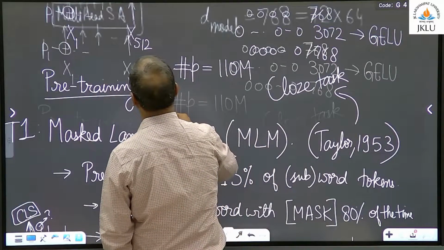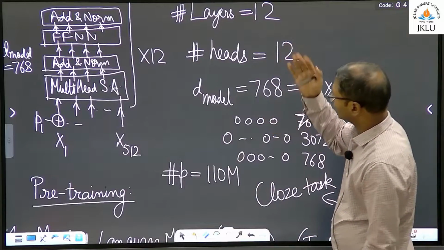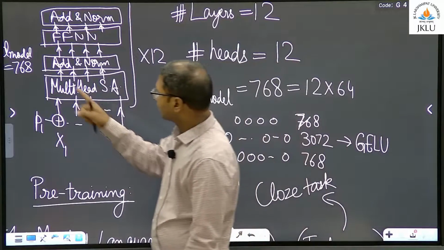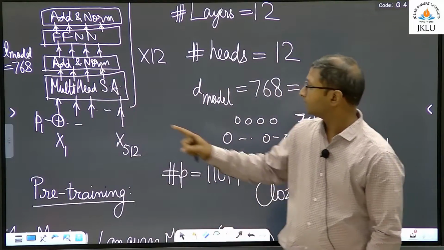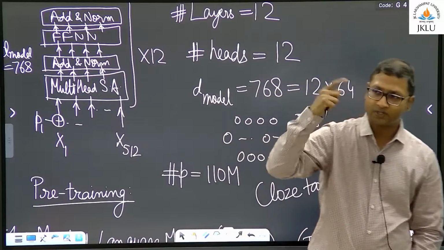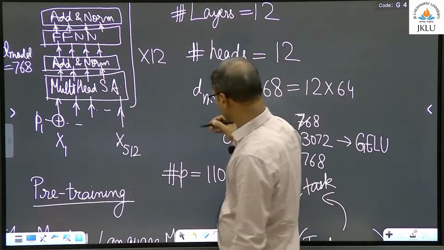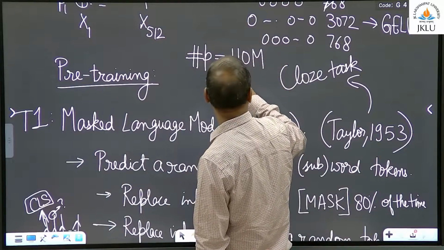We have already seen the architecture. D model for BERT base is 768, for BERT large it is 1024. Okay. So, we have talked about the number of parameters and everything.